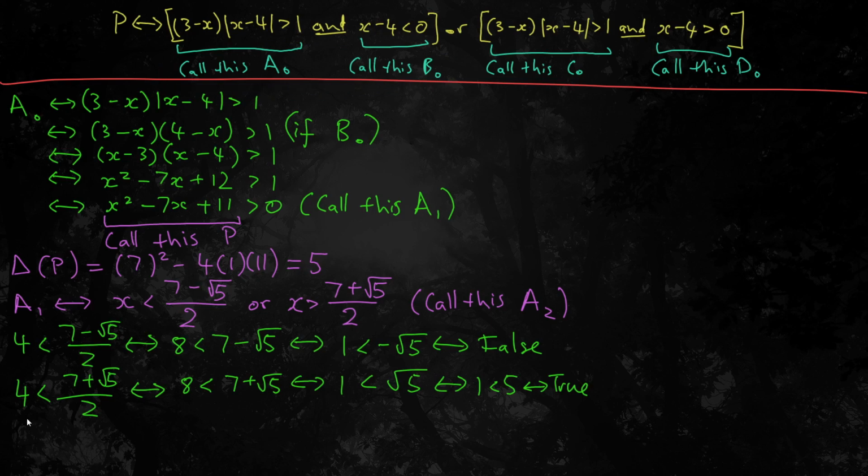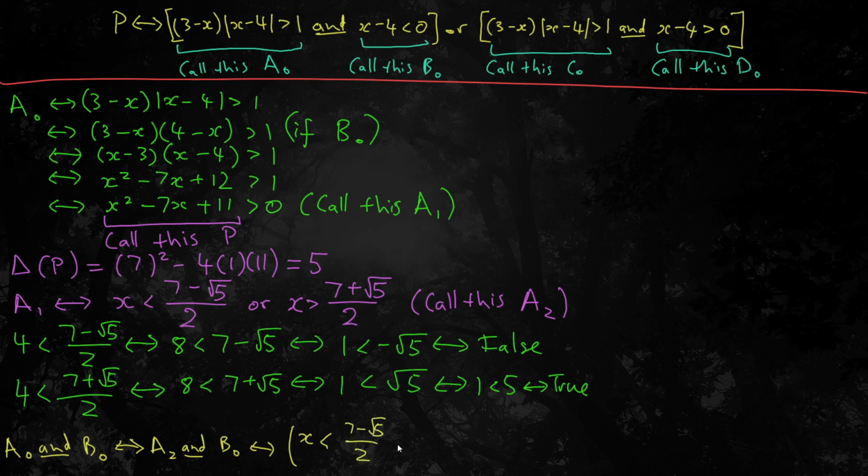And so to finish off the problem, we just write A0 and B0 is equivalent to A2 and B0, which is equivalent to x is less than 7 minus root 5 over 2.